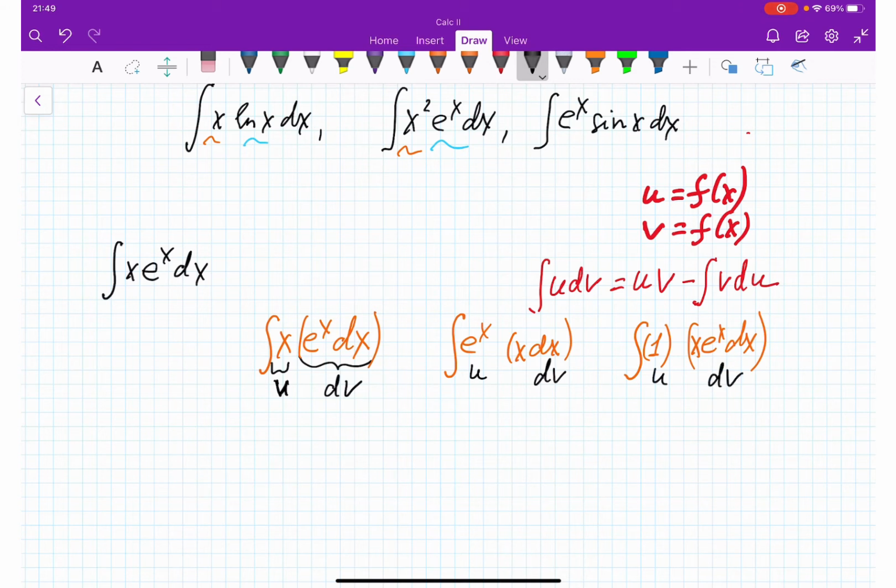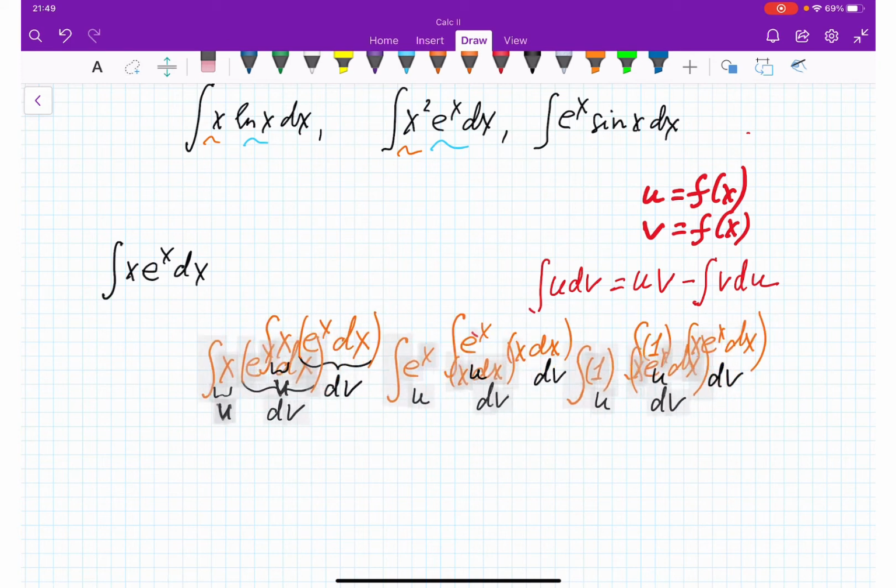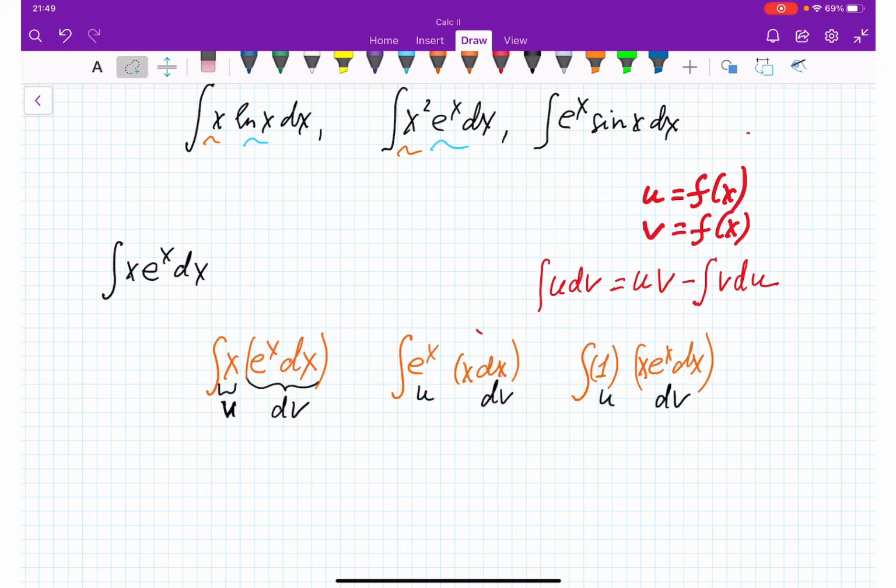And lastly, the case where I take x e to the power x as u, and dx will be dv.